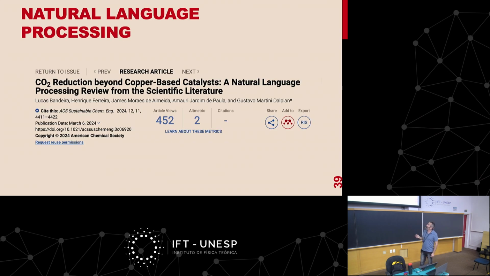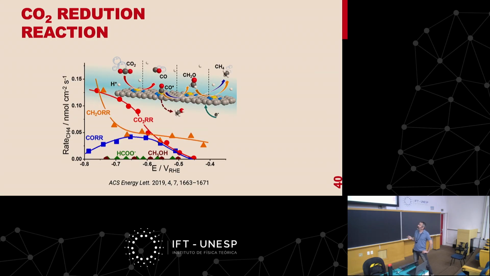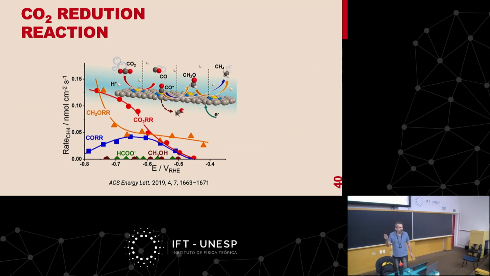And what we did is the following. We used natural language processing to try to learn about CO2 reduction from the scientific literature. This was the work of master students. Lucas, now he's in Finland doing his PhD, okay? And the idea is the following. Well, we want to get rid of CO2 because of the greenhouse effect.